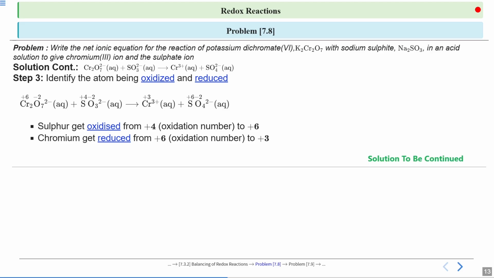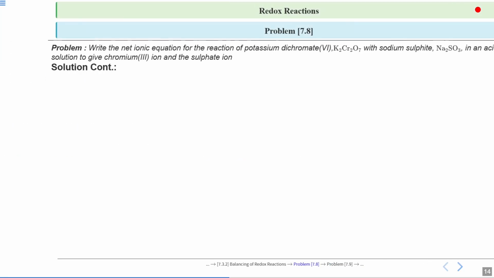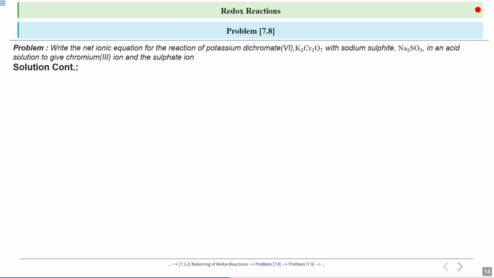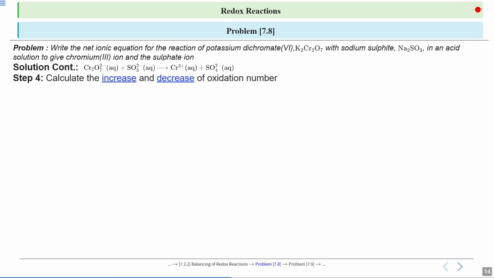Now, after identifying the oxidizing and reducing atoms, in the next step, that is step 4, you will calculate the increase and decrease of oxidation number, that is, how much the oxidation number has increased and decreased in going from reactant to product.